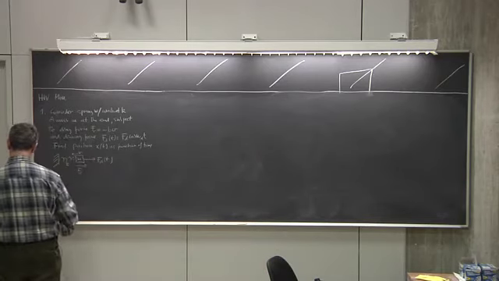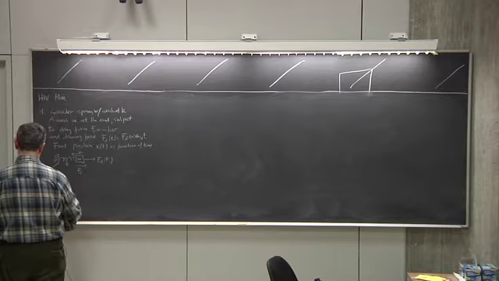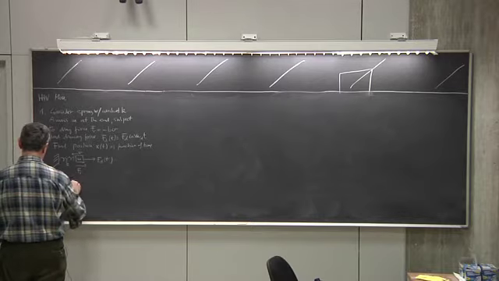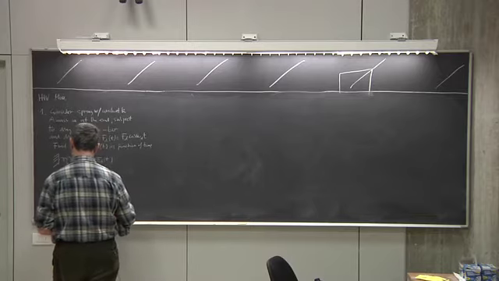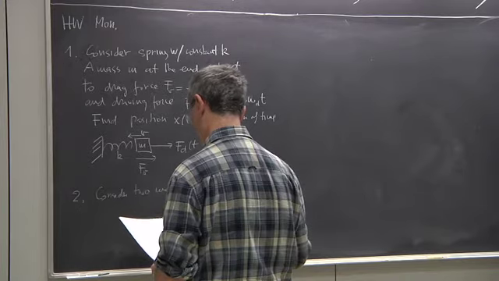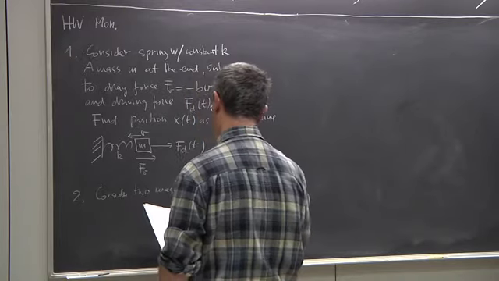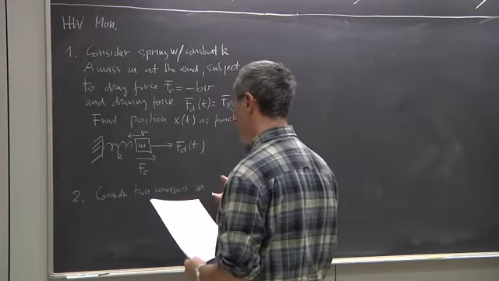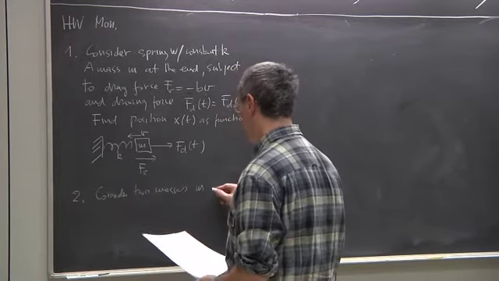Number 2. Consider two masses. I guess you can take them equal, two equal masses, M, connected to each other and to the side walls by 3 springs.